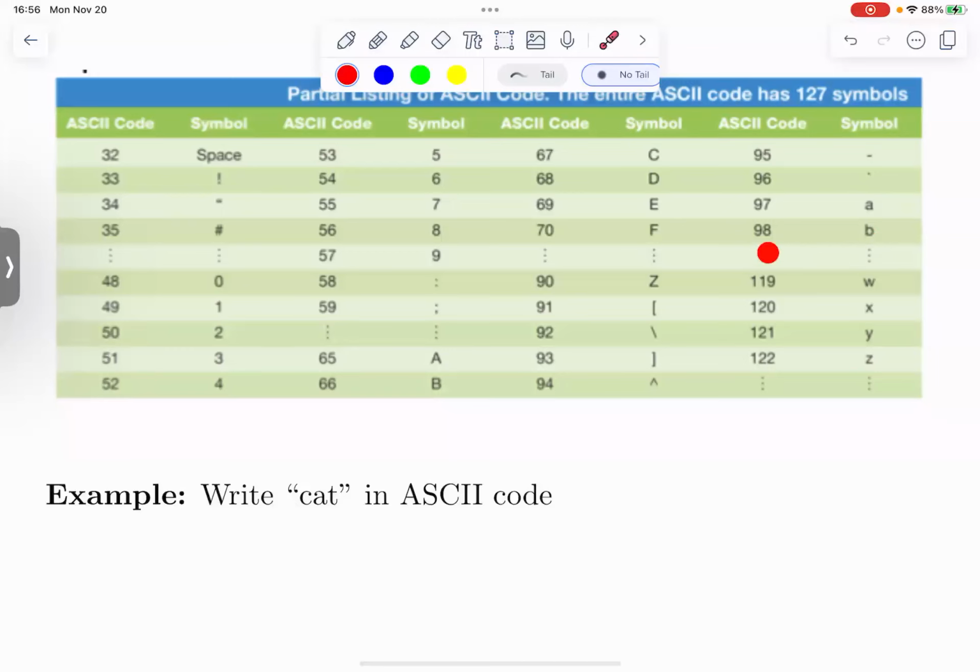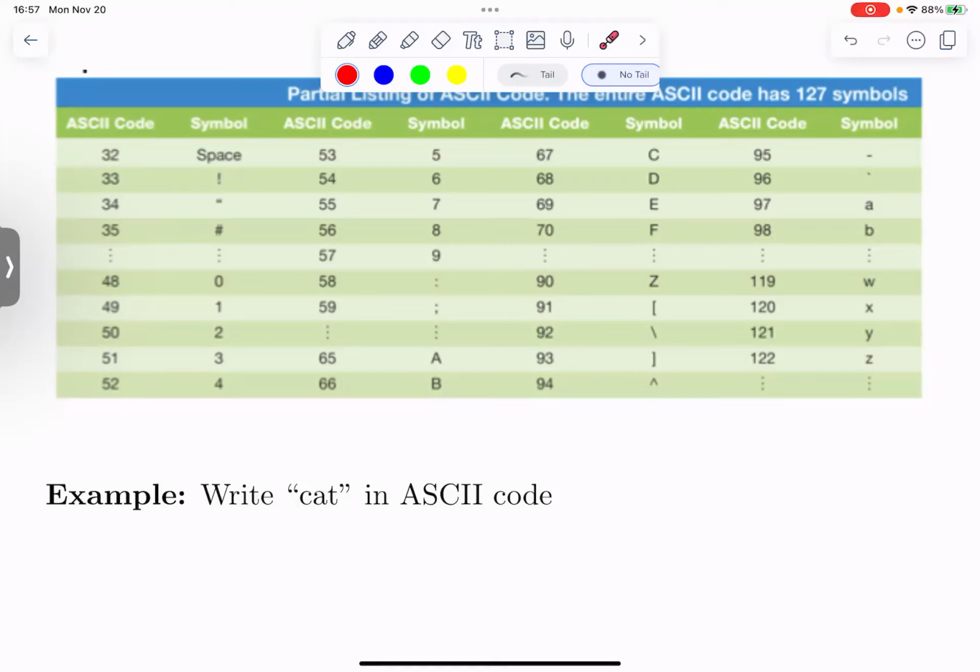Lowercase c is 99. Lowercase a is 97. But you know they're not the same, uppercase and lowercase. And t is 116.